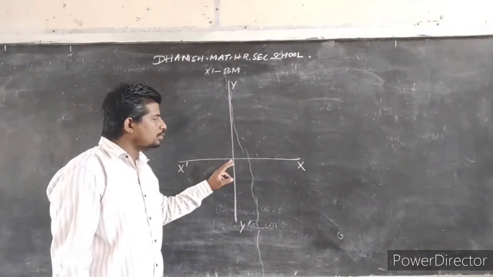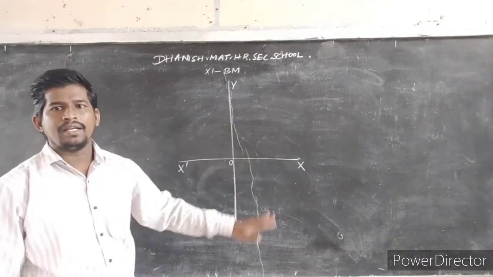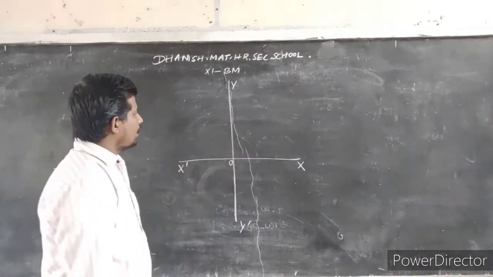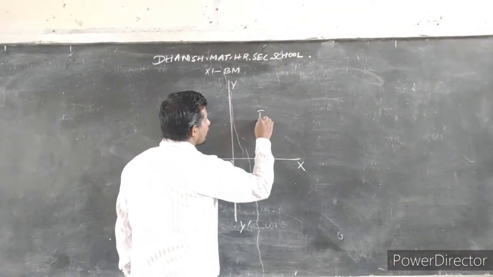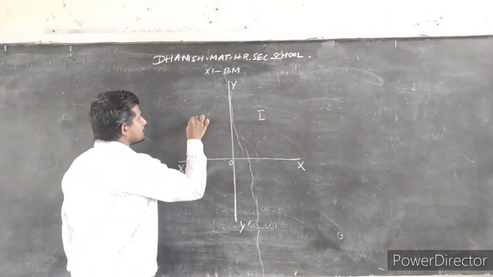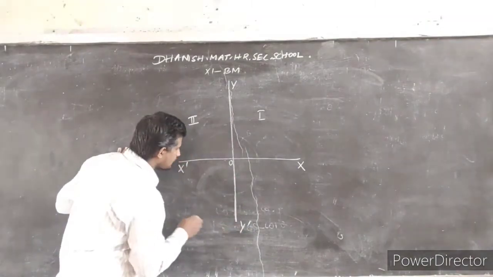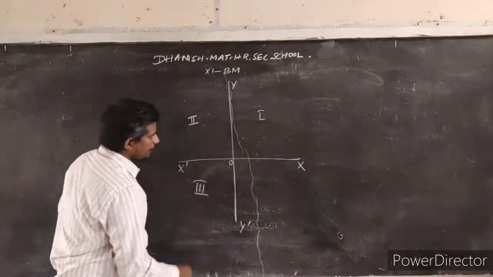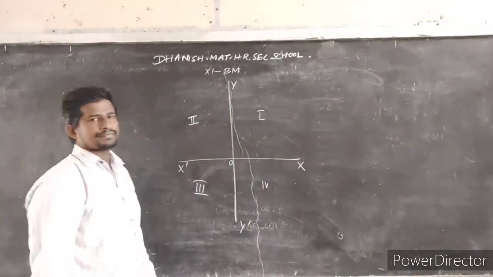Clearly, these 2 axes divide the entire plane into 4 quadrants. X o y is the first quadrant, y o x dash the second quadrant, x dash o y dash the third quadrant, y dash o x the fourth quadrant.